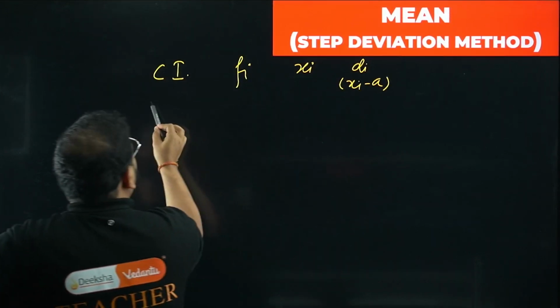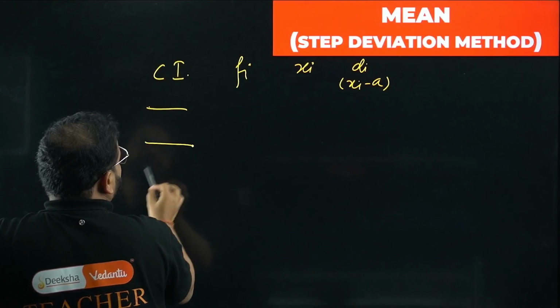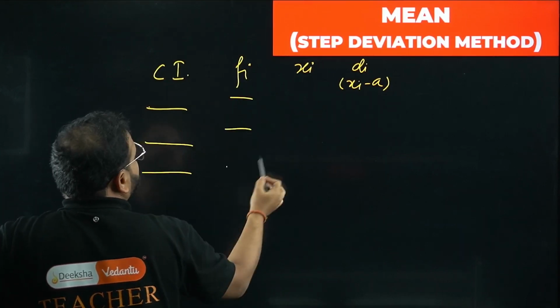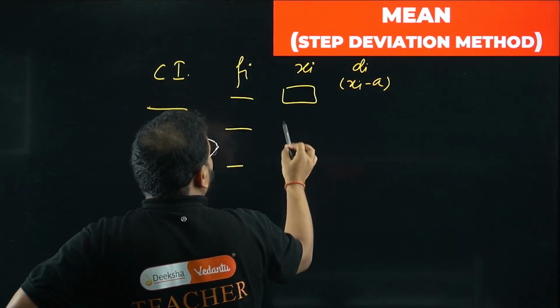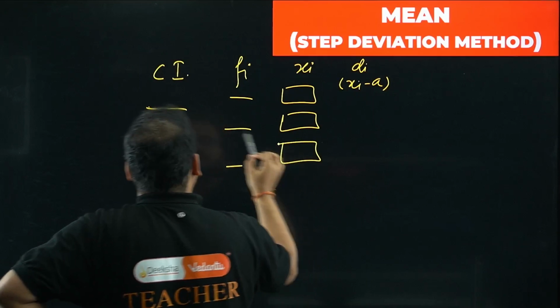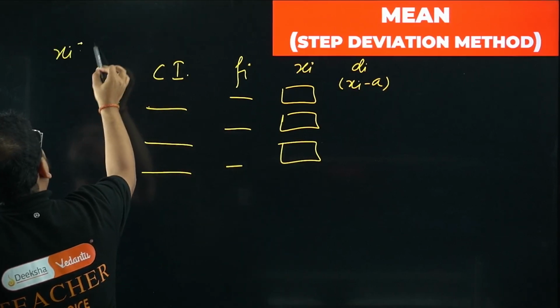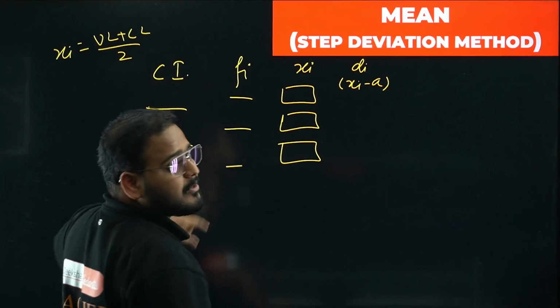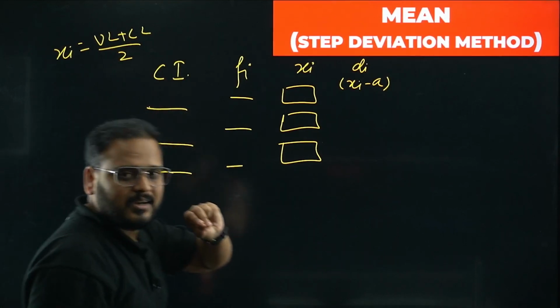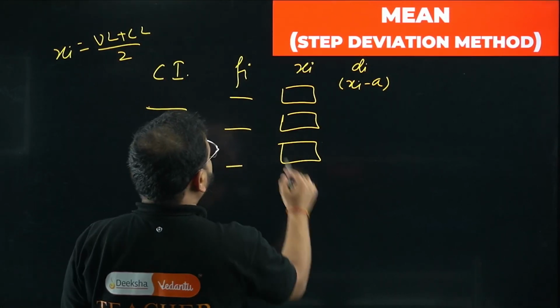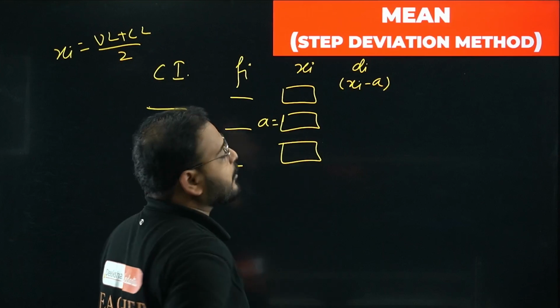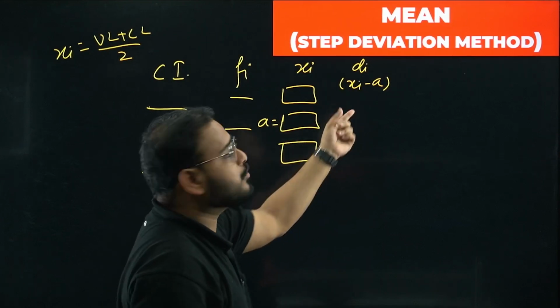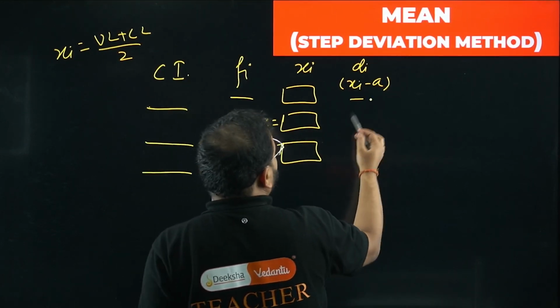How will you find xi? Upper limit plus lower limit divided by 2, from the class interval. Clear? Once you get this, assume a. With the help of a, you can find di, xi minus a. So you're going to get these values also.